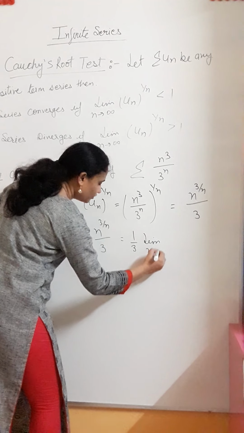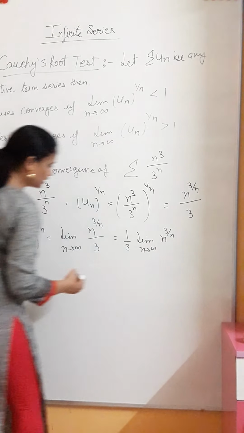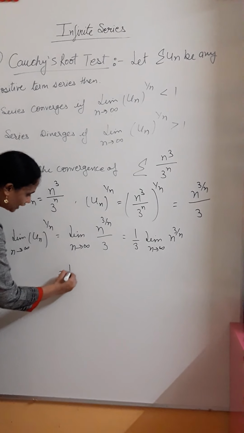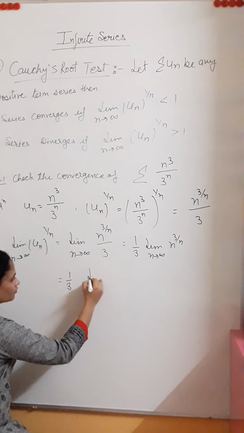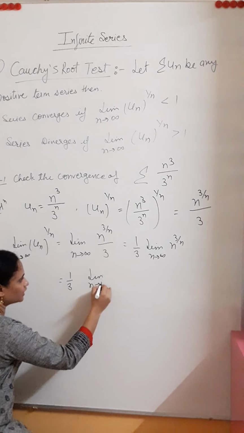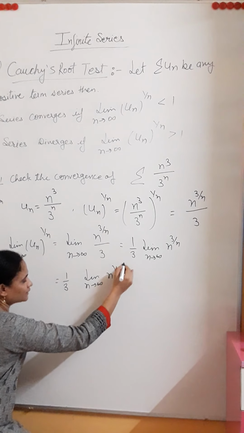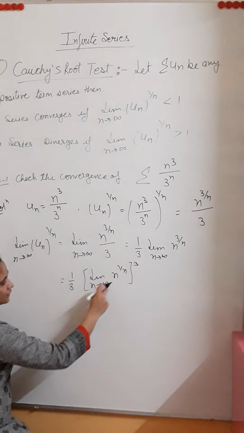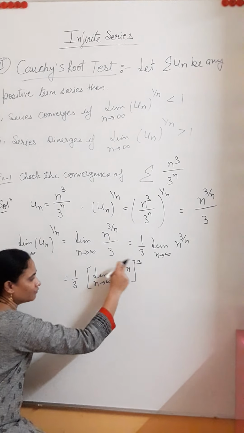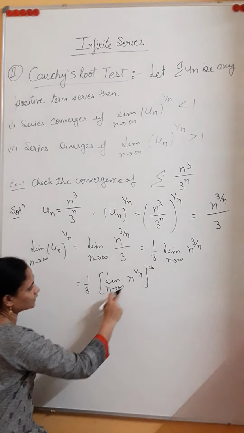n tends to infinity of n power 3 by n, which is equivalent to the limit n tends to infinity of n power 1 by n, whole power 3. This is a property of limits: we can take the n terms together and take the constant value out.